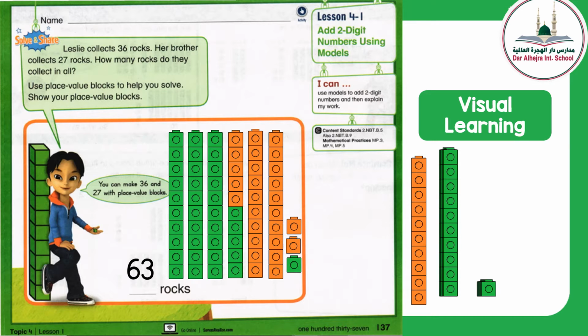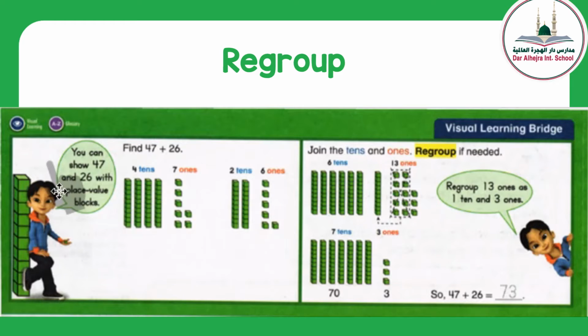addition equations. Now here we can show 47 plus 26 with the help of place value blocks. And what are the place value blocks? These are the blocks which we have 10 bars to show our tens. The single cubes are grouped into a 10, each one showing a 10 bar. So it's 47.